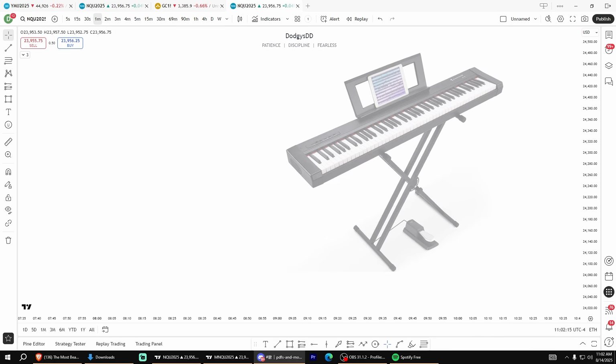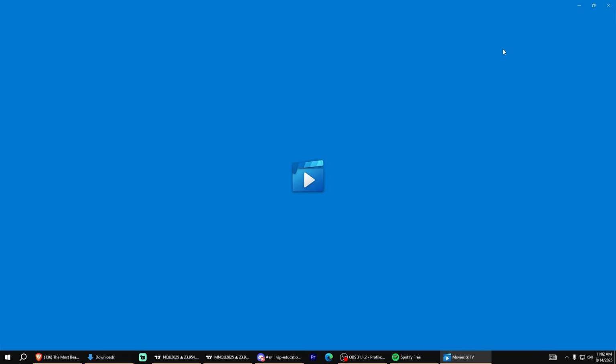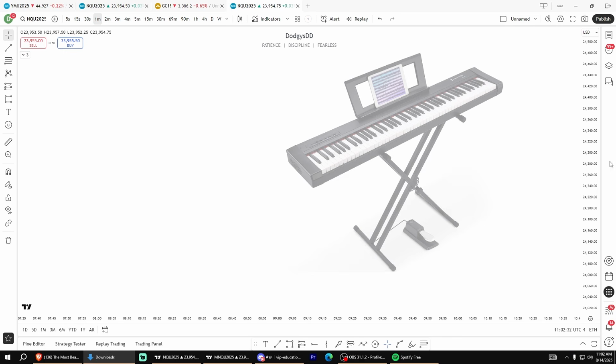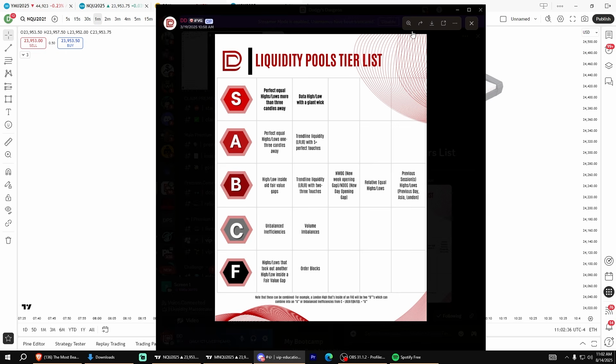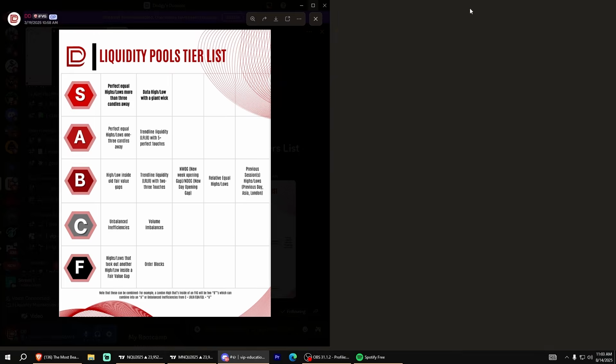So let me pull this up real quick. Here we have our liquidity pools list. Now, we have many types of different liquidity pools, and each one has its own meaning.